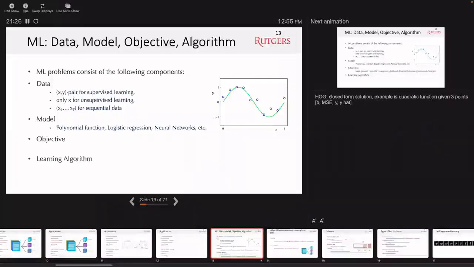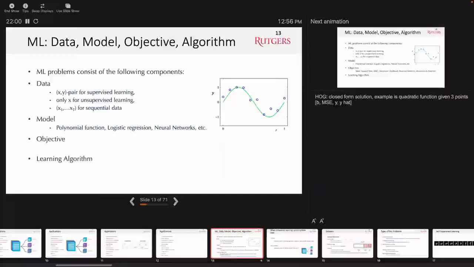One typical model for this kind of case is a polynomial function, because the ground truth, the green line, does look like a polynomial function. But this is a regression problem. Sometimes you can also use a neural network, or if it's a classification problem, you can use logistic regression. These are some examples, and we're going to come back to this with more details later.